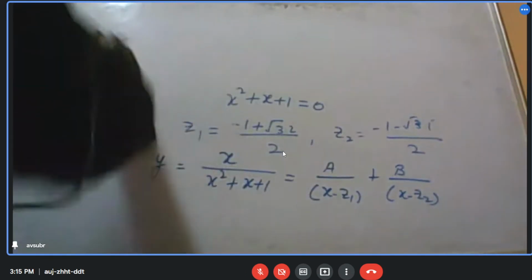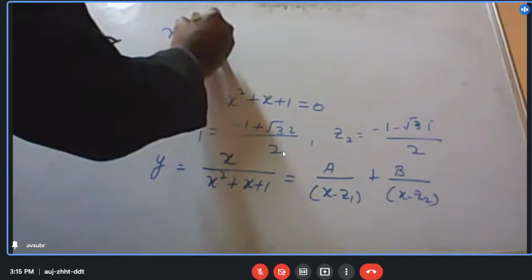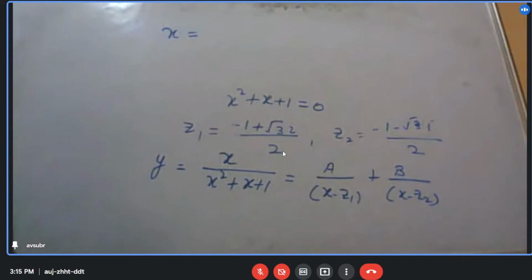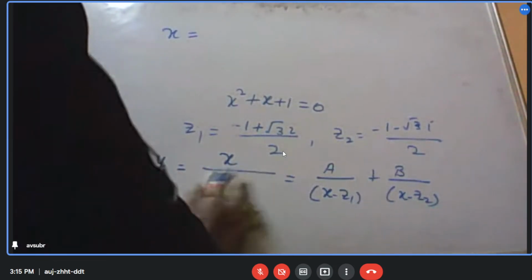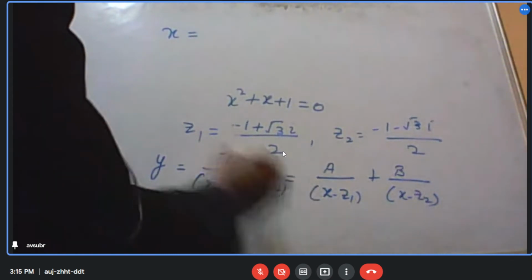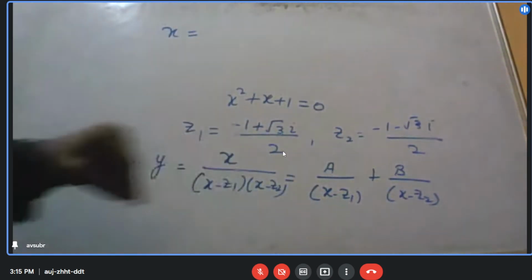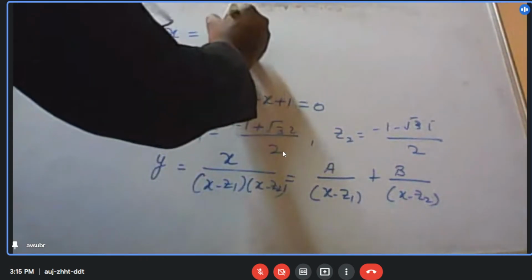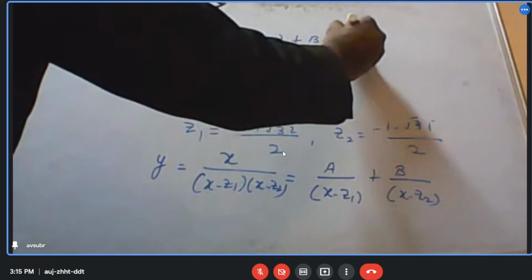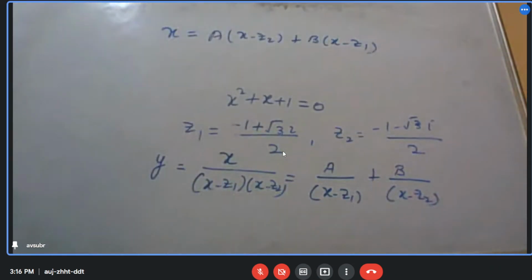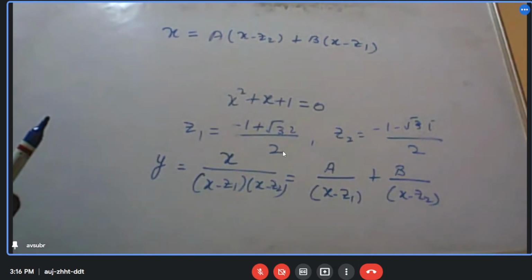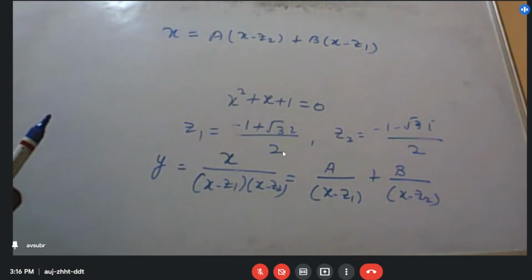Before that, x is equal to a into x minus z2 plus b into x minus z1. Is it okay? All right.